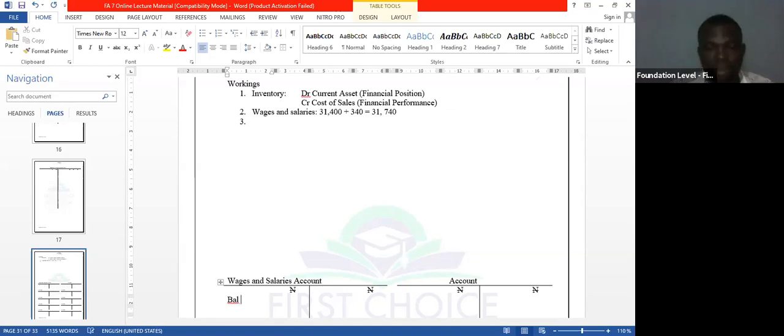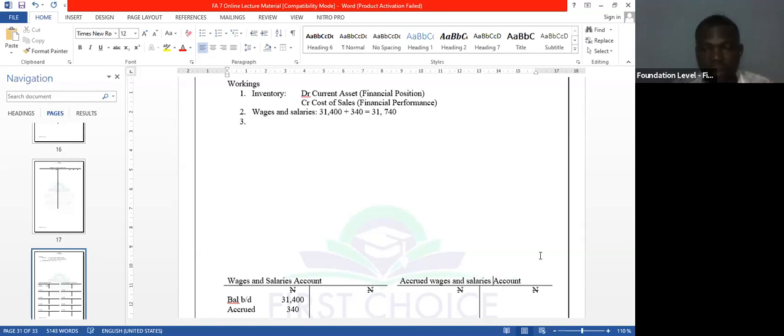My balance brought down is 31,400. So I have an increase, so I have accrued. My accrued is 340. So now I need to open an accrued account here. So I open an accrued salaries account.